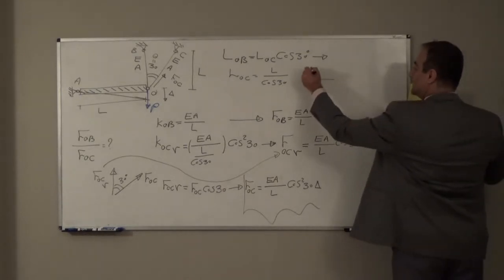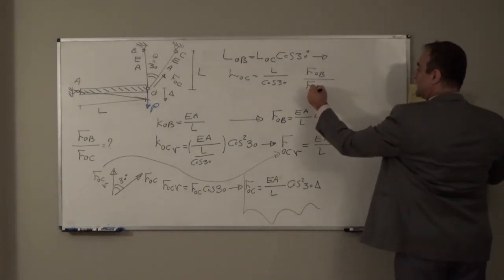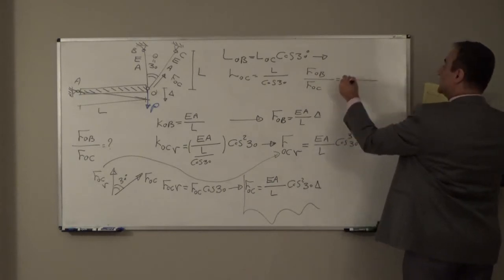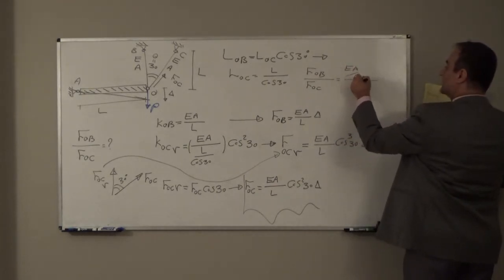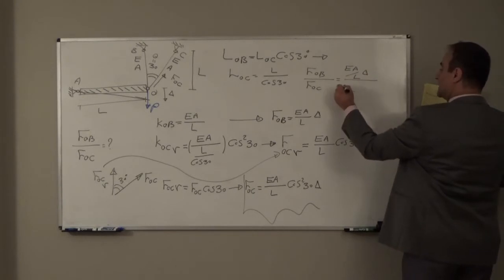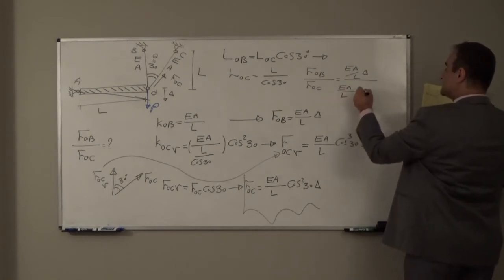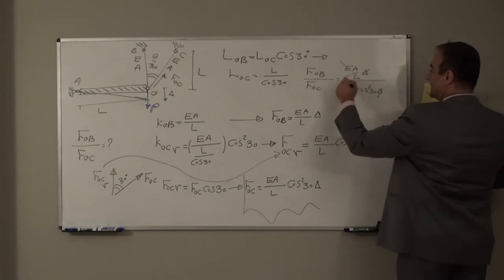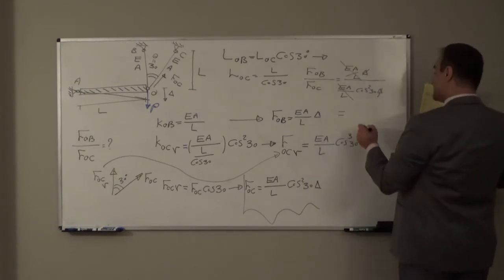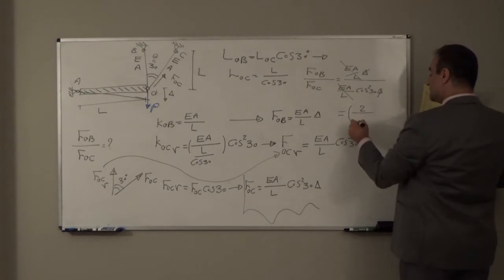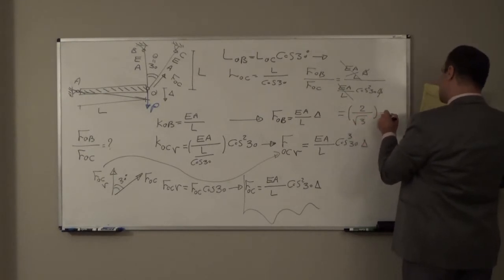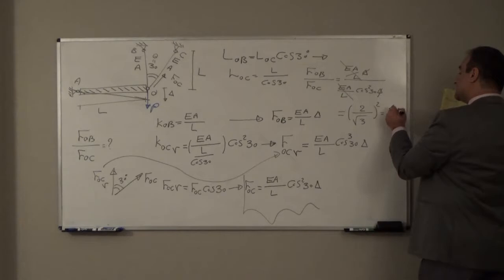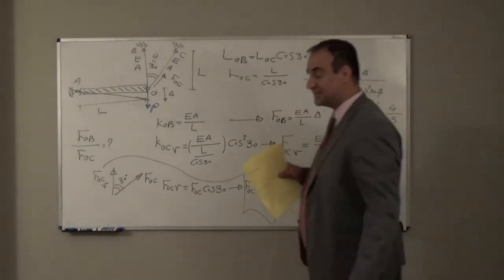The ratio FOB divided by FOC is equal to EA over L delta divided by EA over L cosine squared 30 delta. Delta and delta cancel, EA over L and EA over L cancel. So the answer will be 2 over square root of 3, squared. This will be equal to 4 over 3.